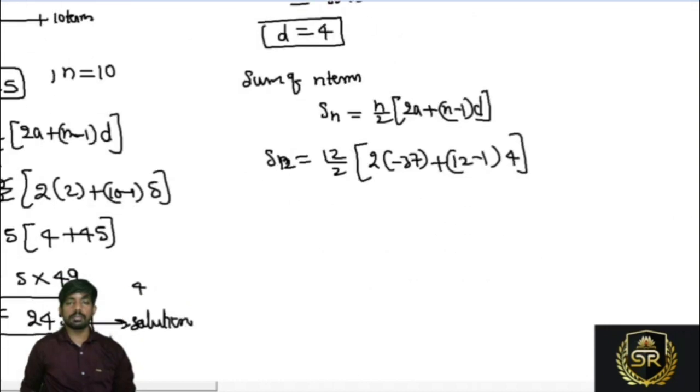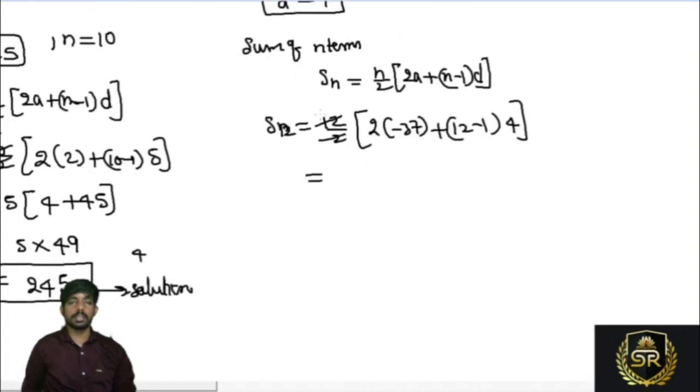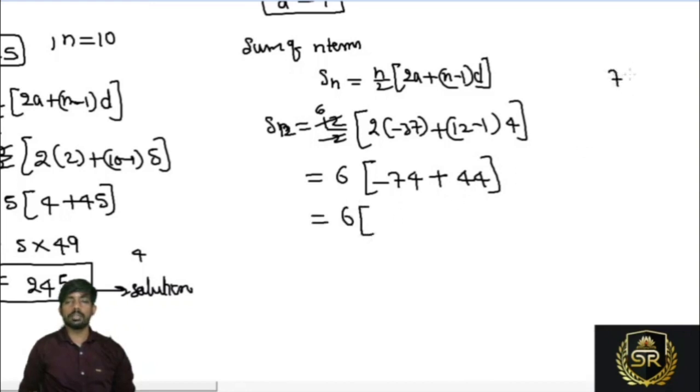So 2 sixes are 12, 6 into this: 2 sevens are 14, 2 threes are 6, plus 1 seven, that is minus 74, plus 11 into 4, which is 44. So minus 74 plus 44, I can get minus 30.